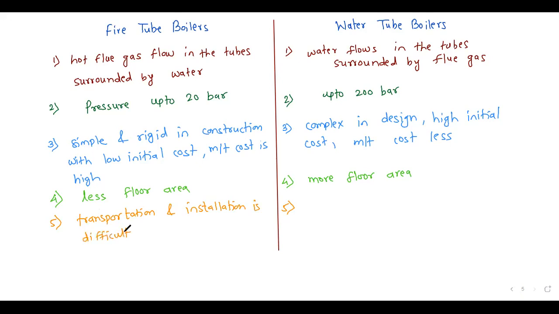First, they have a larger drum diameter, a large size of shell, so transportation is difficult. But a water tube boiler's various parts can easily be transported in dismantled form, and you can reassemble them on site, wherever required. So that's why water tube boilers are easy to transport and install.